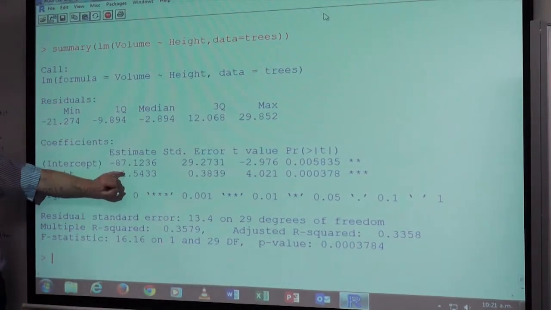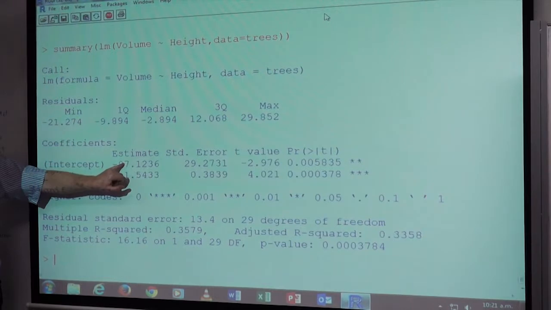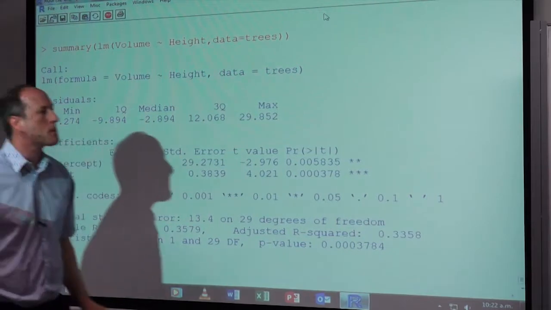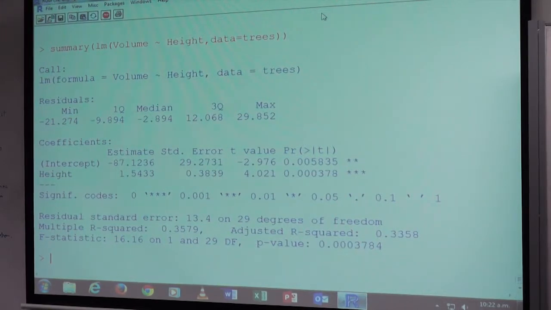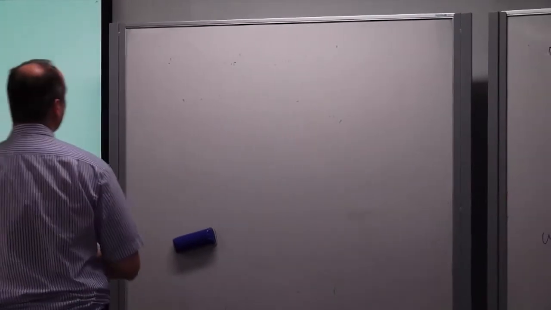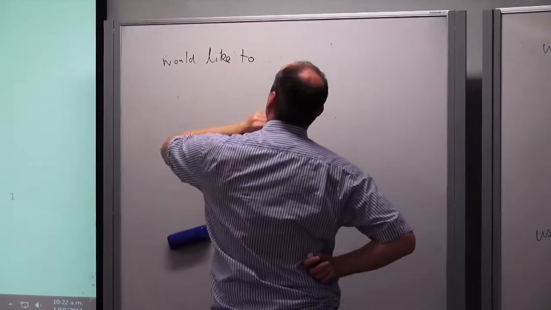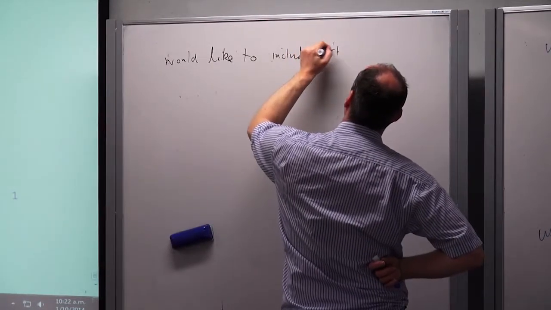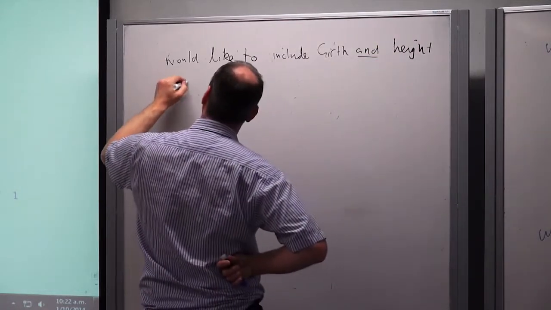Again, we've got this same feature that the intercept estimate is negative. So that tells me you've got negative volume, which is kind of nuts for trees that are not particularly high. So we've got that problem as well. What we'd like to do is include girth and height in our regression.